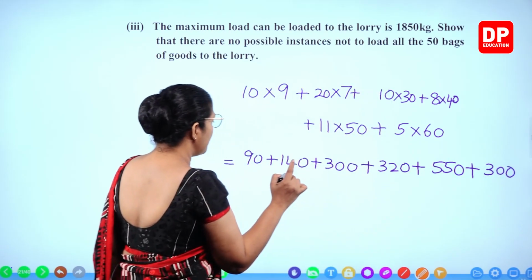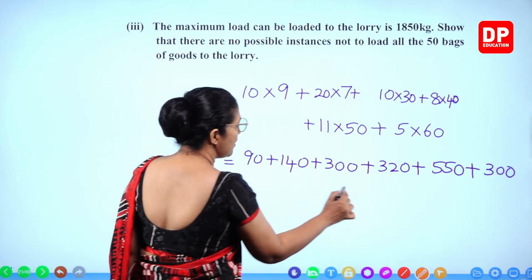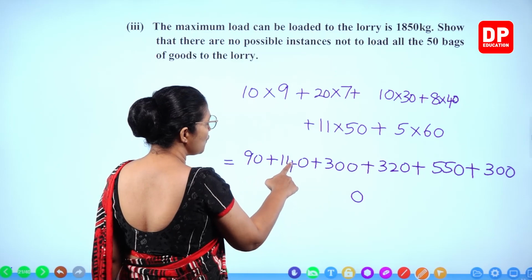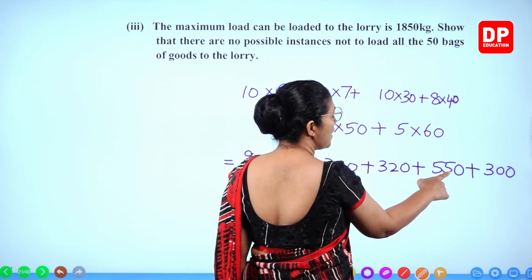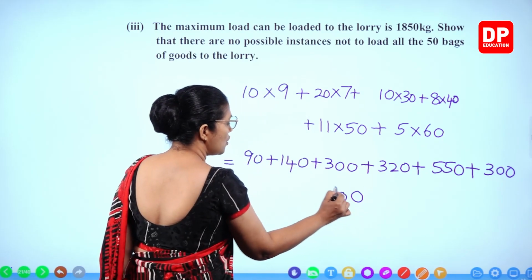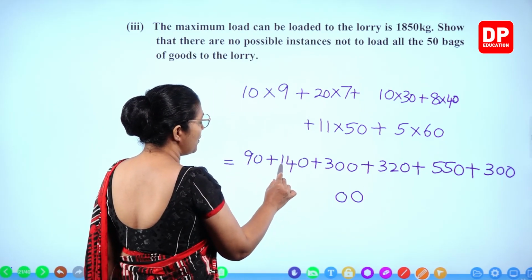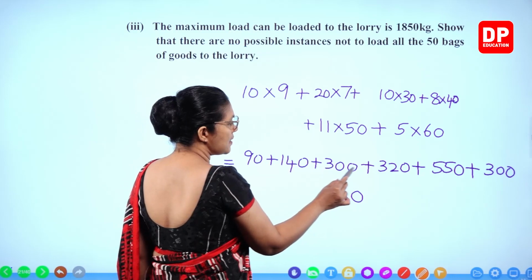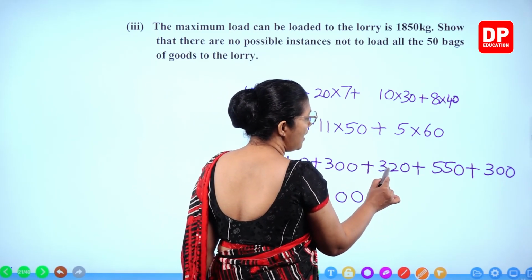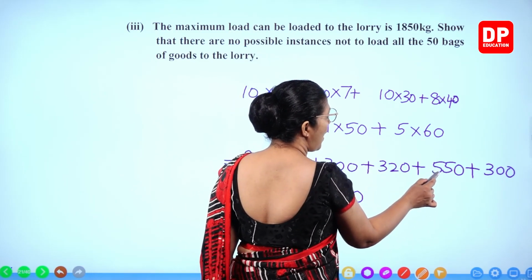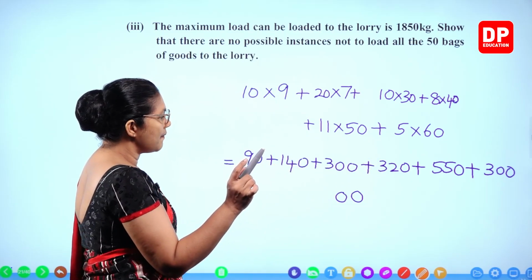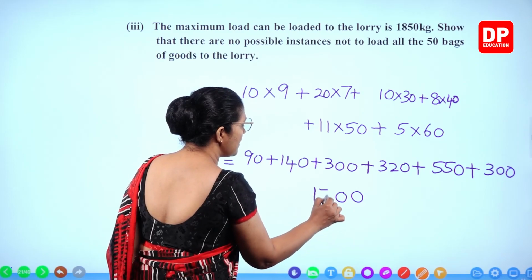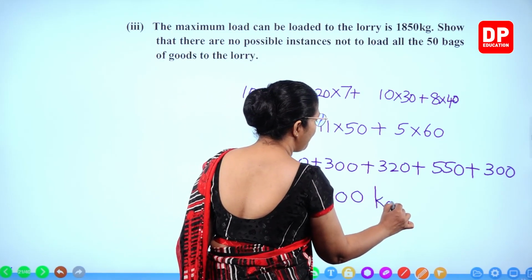So what's the total? 0. 9 plus 4, 13. 13 plus 2, 15. 15 plus 5, 20. 2 remaining. 3. 3, 3, 6. 6 and 3, 9. 9 plus 5, 14. 14 plus 3, 17. So 1700 kilograms are there.